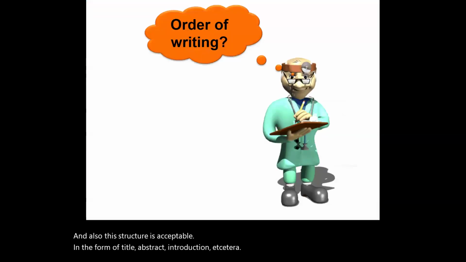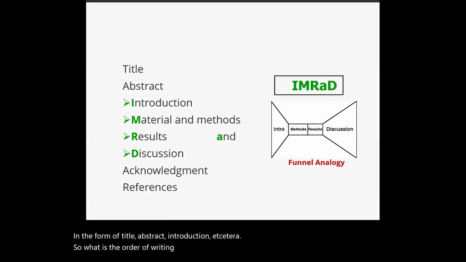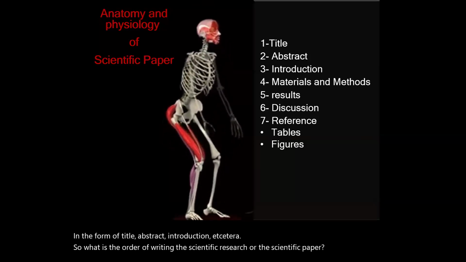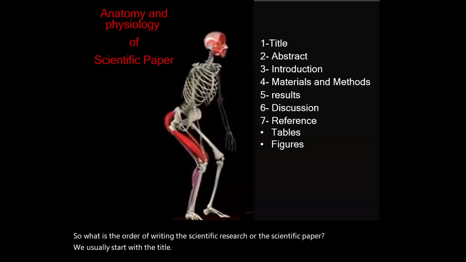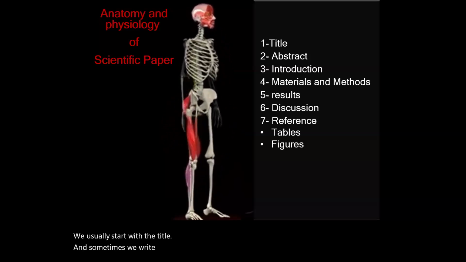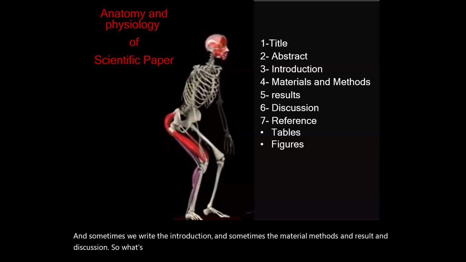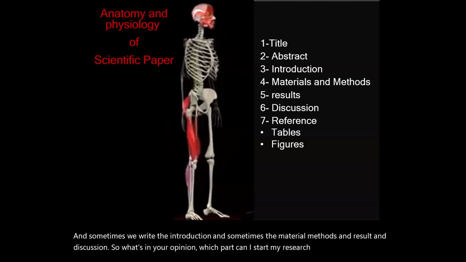So what is the order of writing the scientific research or the scientific paper? We usually start with the title, and sometimes we write the introduction, and sometimes the material and methods and result and discussion. So in your opinion, which part can I start with in writing my research?